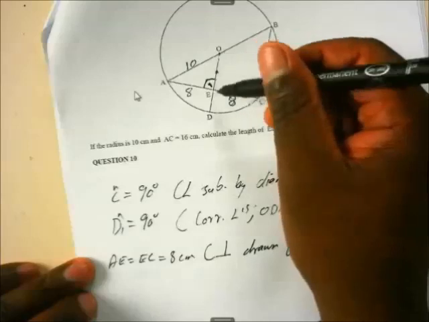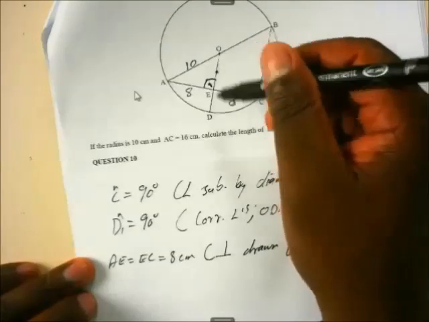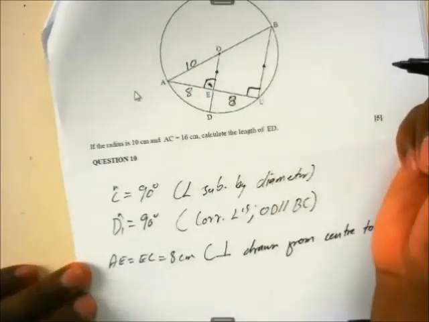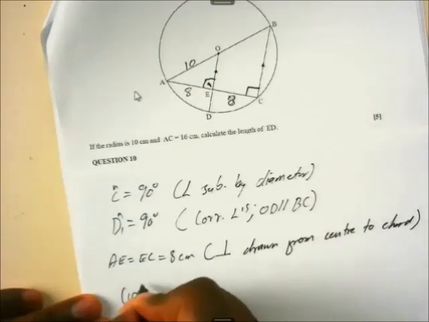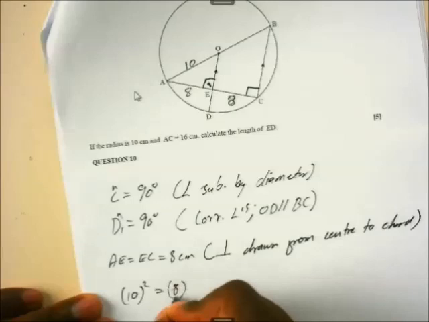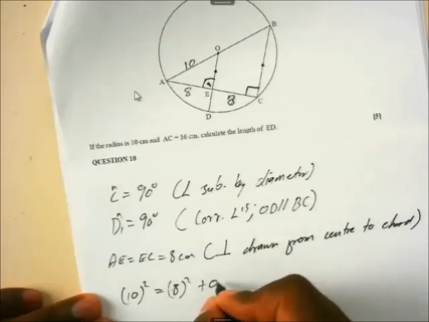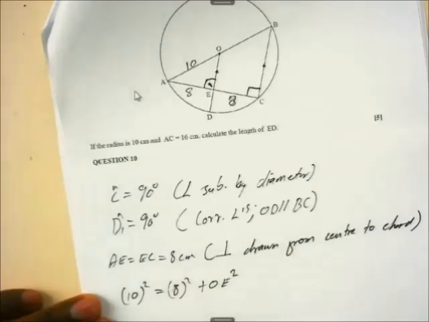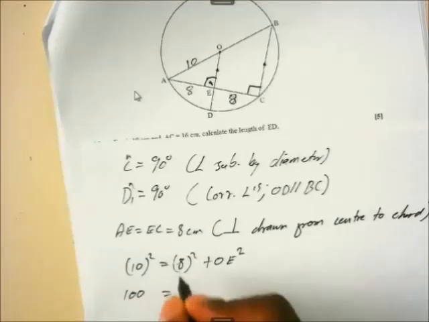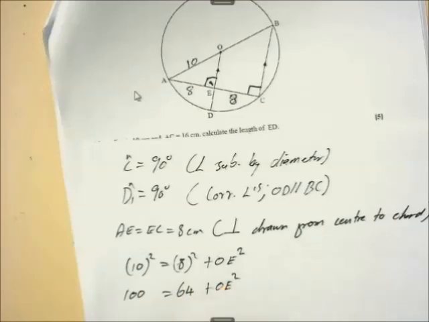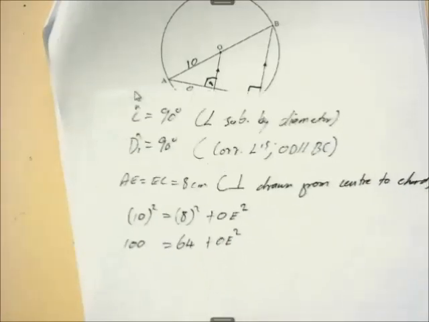Now we can apply Pythagoras theorem to determine the length of OE, because once we get OE, OD will then be equal to OA, because those are the radii. According to Pythagoras theorem, 10 squared is equal to 8 squared plus OE squared. 10 squared, you've got 100. 8 squared gives you 64 plus OE squared. Now you transpose.